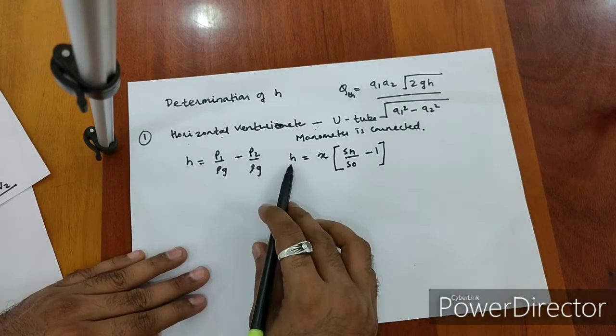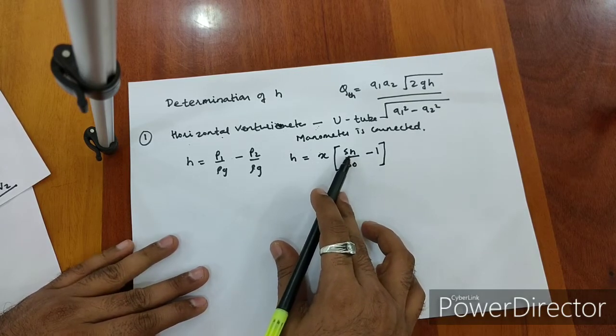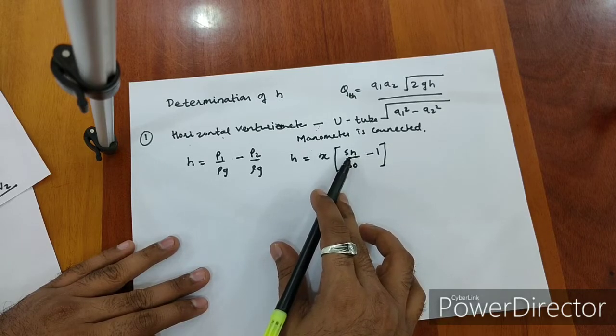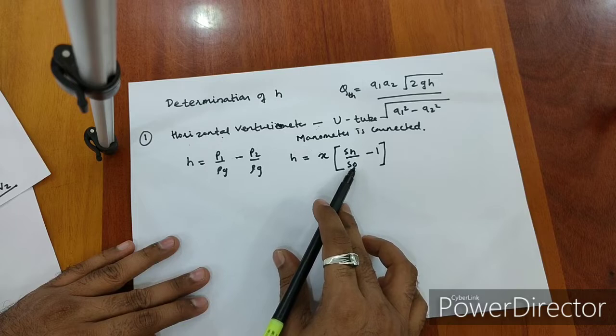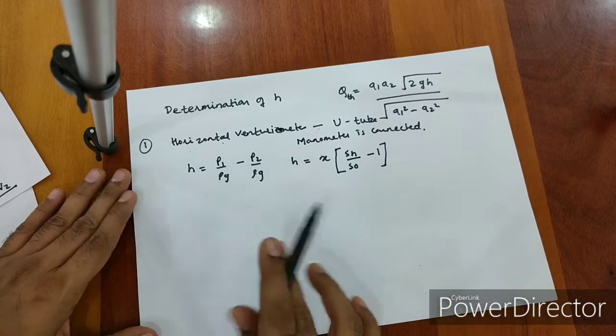X is the difference of level of mercury in the two limbs. SH is the specific gravity of the heavy liquid, most often mercury. SO is the specific gravity of the liquid flowing in the pipe, minus 1.